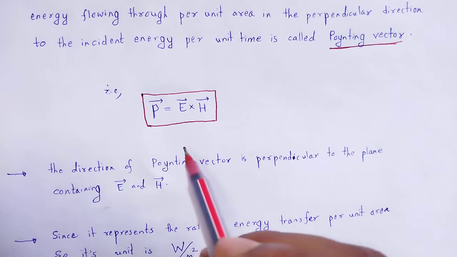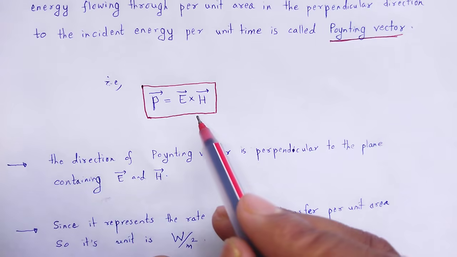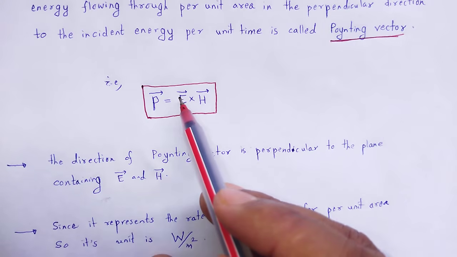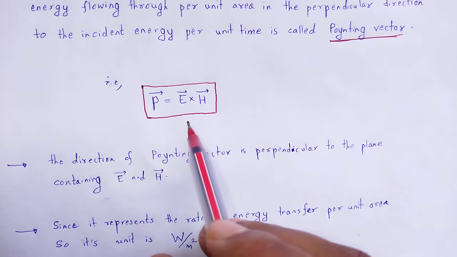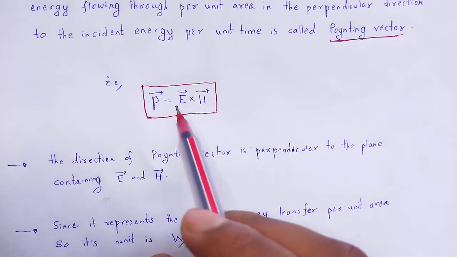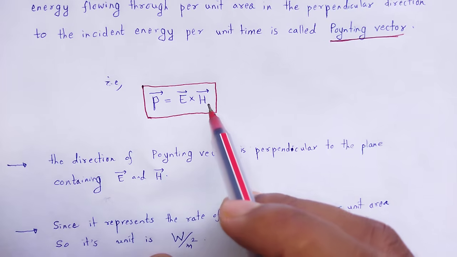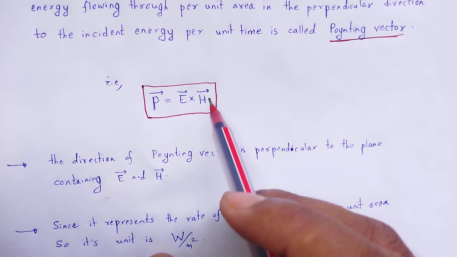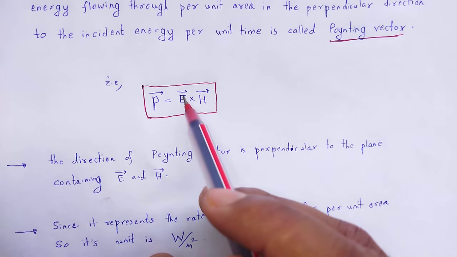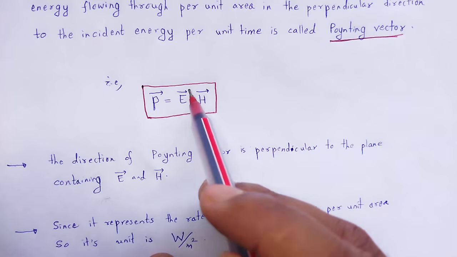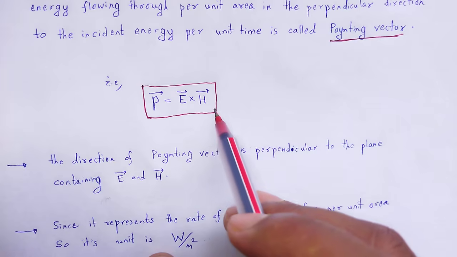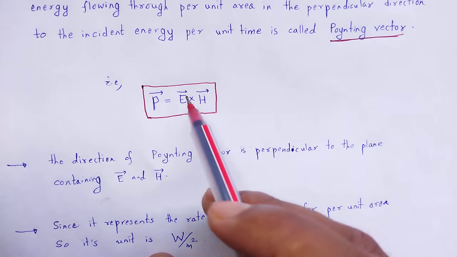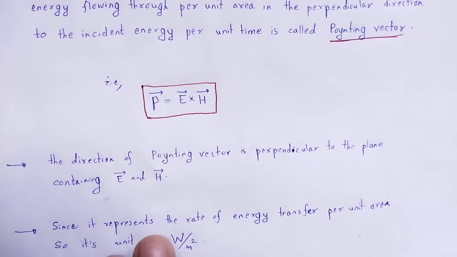That is why the direction of Poynting vector, that is the direction of E cross H vector, is perpendicular to the plane containing E vector and H vector. The resultant of the cross product of two vectors is perpendicular to the plane containing them.